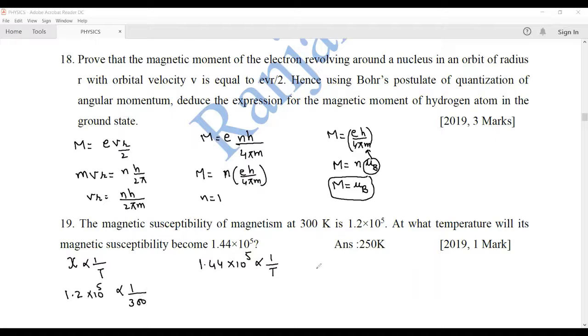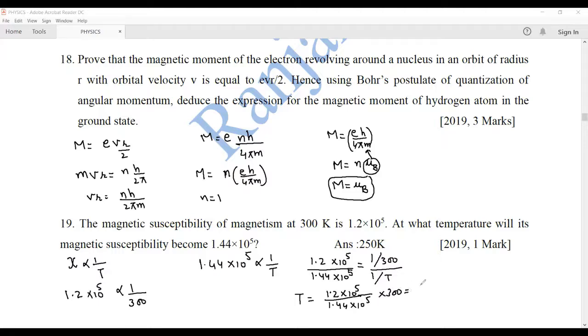So on dividing these two equations, we get 1.2 into 10 raised to the power 5 upon 1.44 into 10 raised to the power 5 is equal to 1 upon 300 upon 1 upon T. That is, T is equal to 1.2 into 10 raised to the power 5 upon 1.44 into 10 raised to the power 5 into 300.